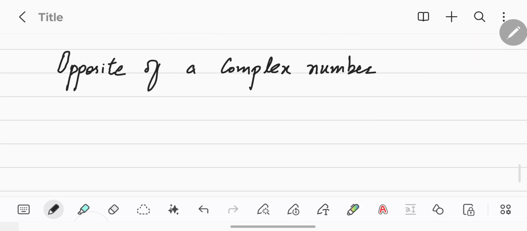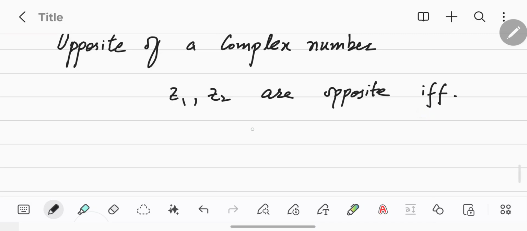Next we have the opposite of a complex number. What is meant by this? If we have two complex numbers, for example z1 and z2, and we say that z1 and z2 are opposite to each other if and only if their sum is 0.